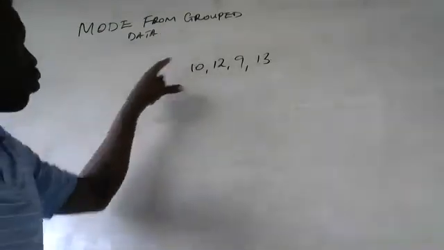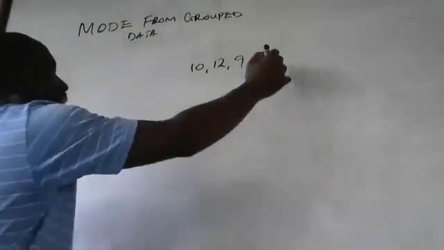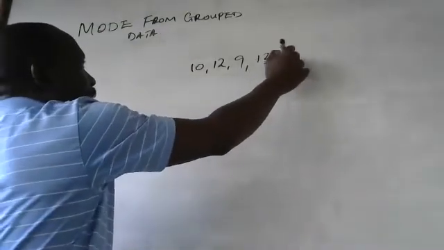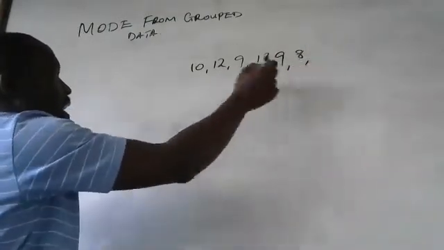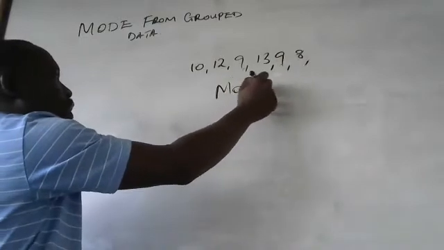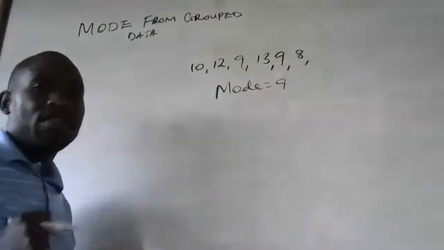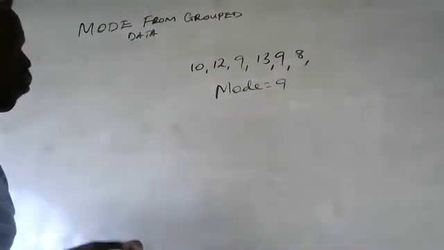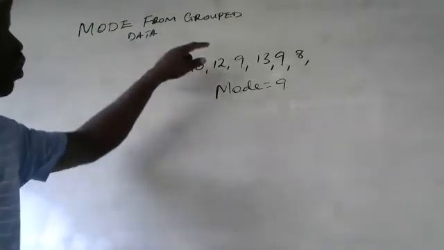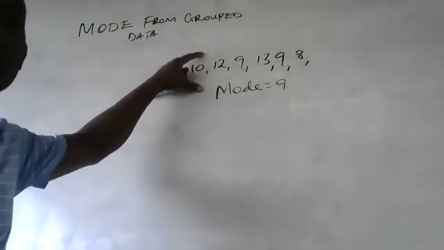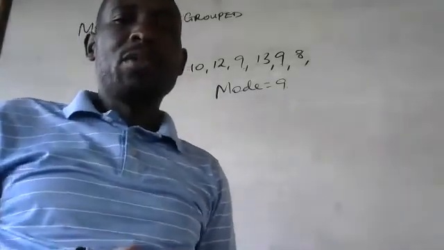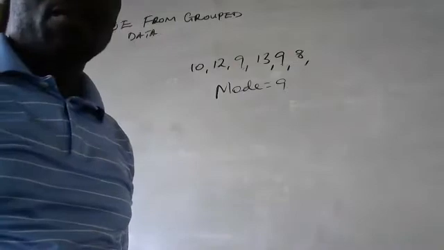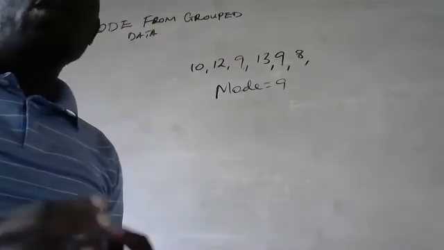For the mode, you just pick the value that is most repeated. Because 9 is repeated more than any other, therefore the mode is going to be just 9. The value that is most repeated, you just observe, and it does not involve any calculation. You just observe which value is the most repeated, and that same value is going to be your mode.